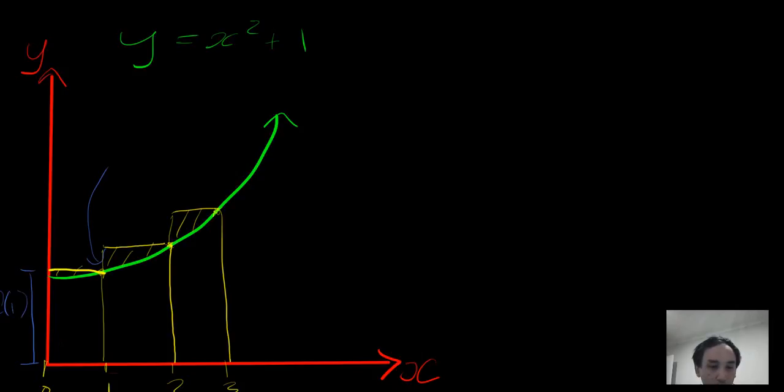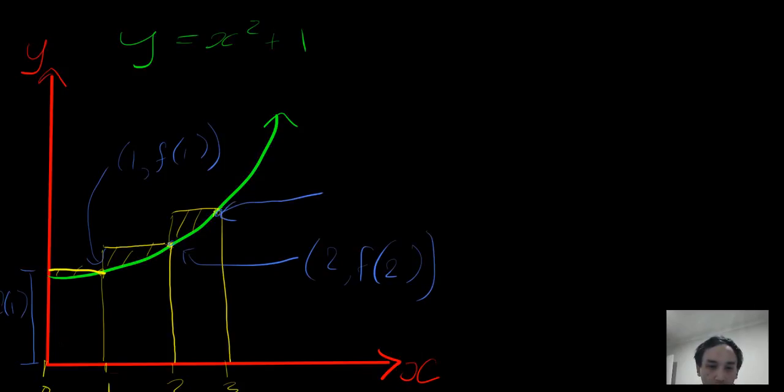This is 1 comma f of 1. The second coordinate is 2 comma f of 2. Kind of a similar pattern, except that the last point this time is at 3 comma f of 3.